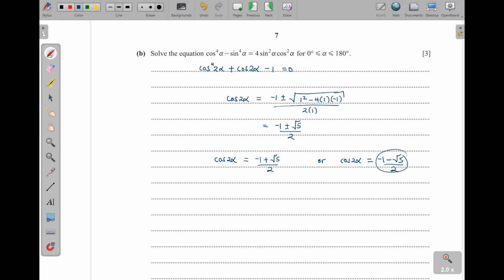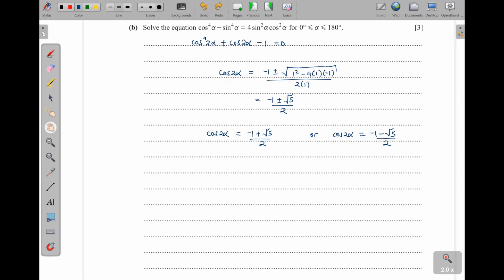This one is beyond negative 1, and you know that cosine of any angle always ranges from 1 to negative 1. So therefore, this one here is undefined. So our 2 alpha is therefore going to be equal to the arc cos of negative 1 plus root of 5, then over 2.